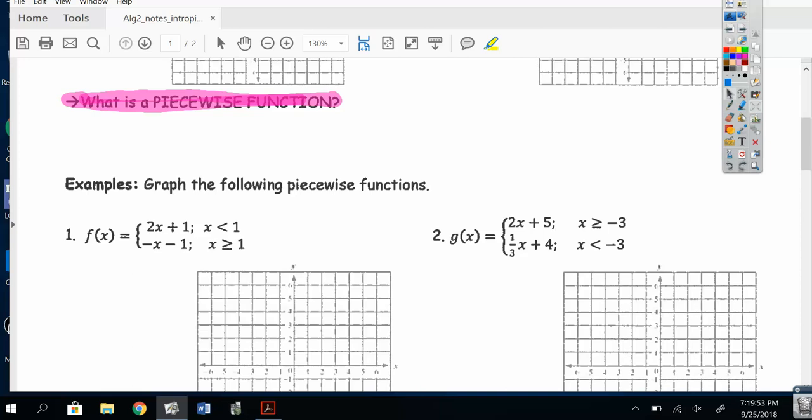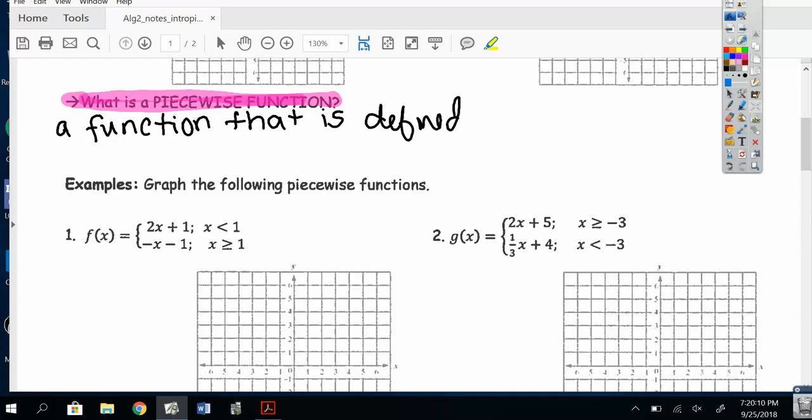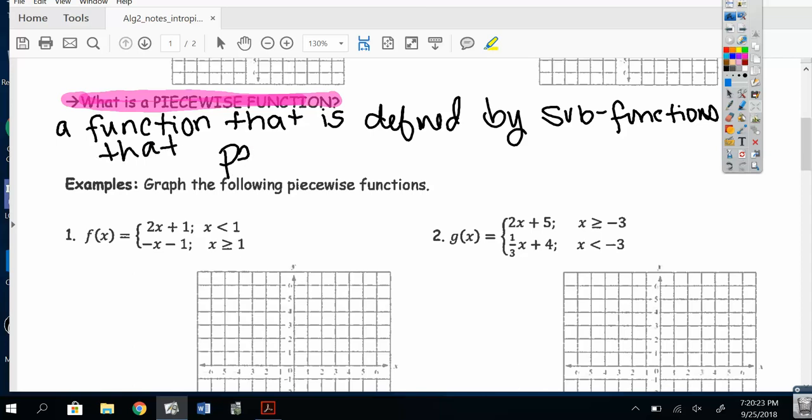So a piecewise function is a function that is defined by subfunctions that pertain to a specific interval.